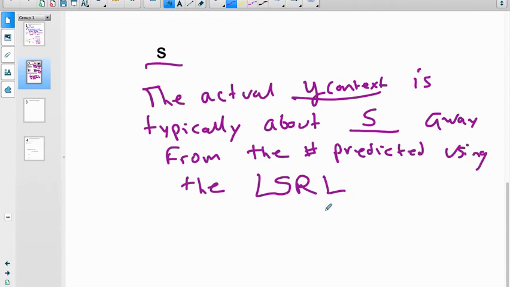So basically it's the average distance the actual points are from the line.